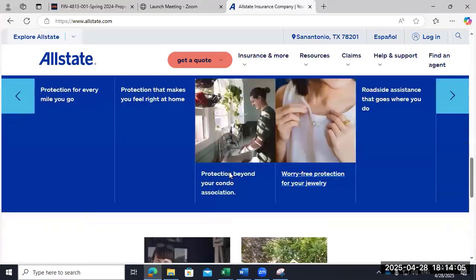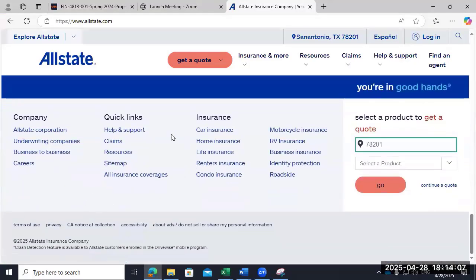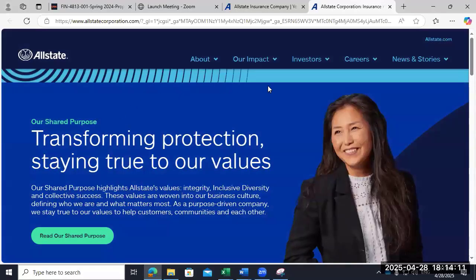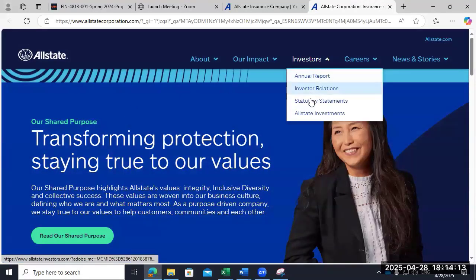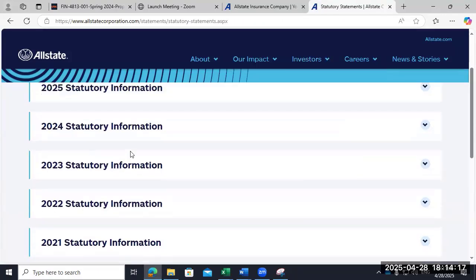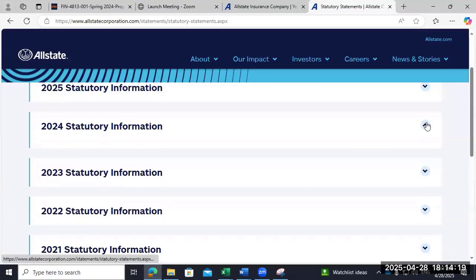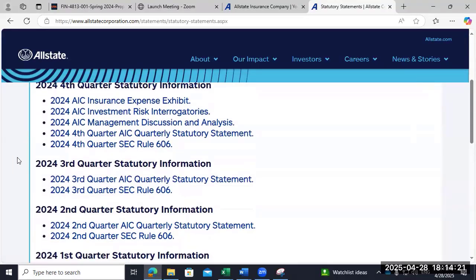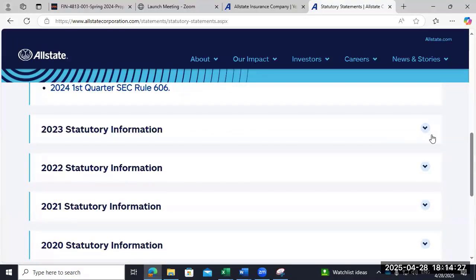So you have to go down usually to the very bottom and look for the company, Allstate Corporation, and then you're looking for investor relations. And we're looking for the statutory statements. Let's see if the 2024 is out there. And it's still not out there. Looking for the 2023.